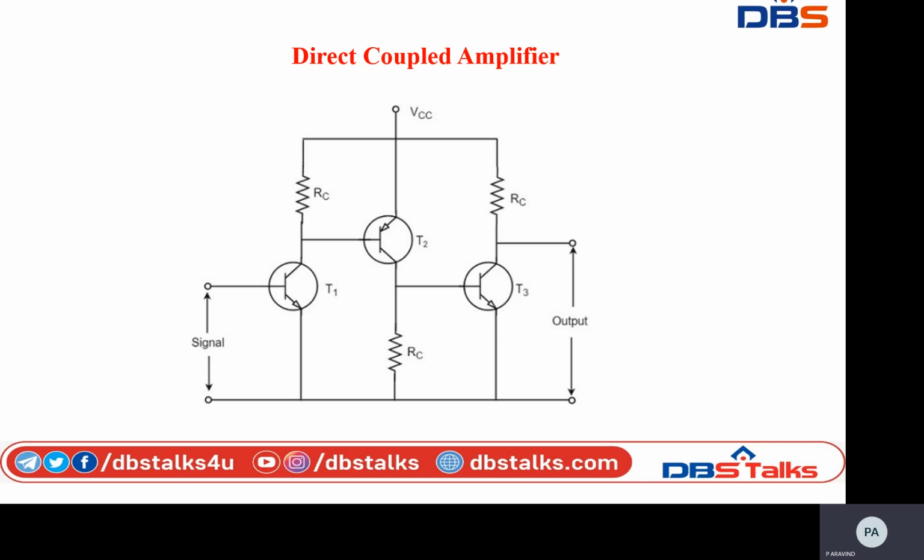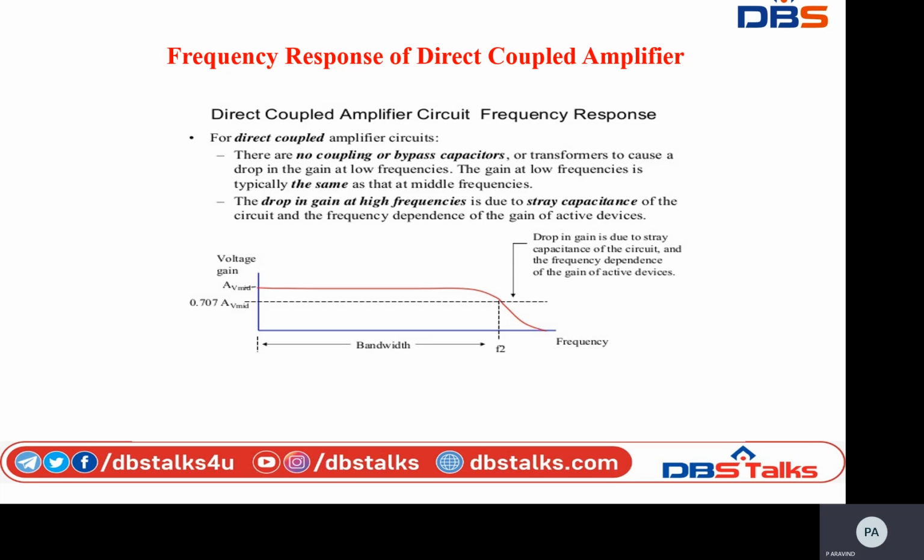Coming to the frequency response of the direct coupled amplifier, in these circuits there are no coupling or bypass capacitors, and also there are no transformers to cause a drop in gain at low frequencies.